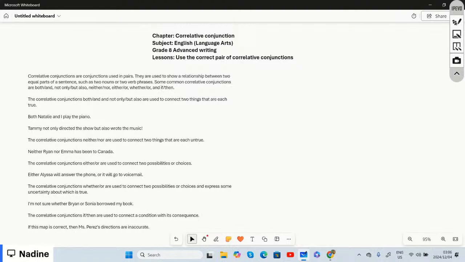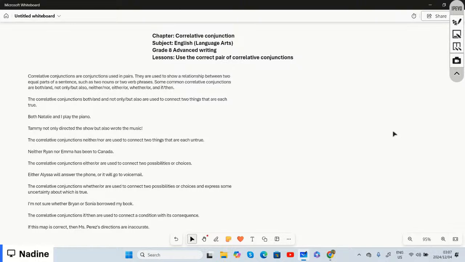All right. So when it comes to correlative conjunctions, correlative conjunctions are conjunctions used in pairs.